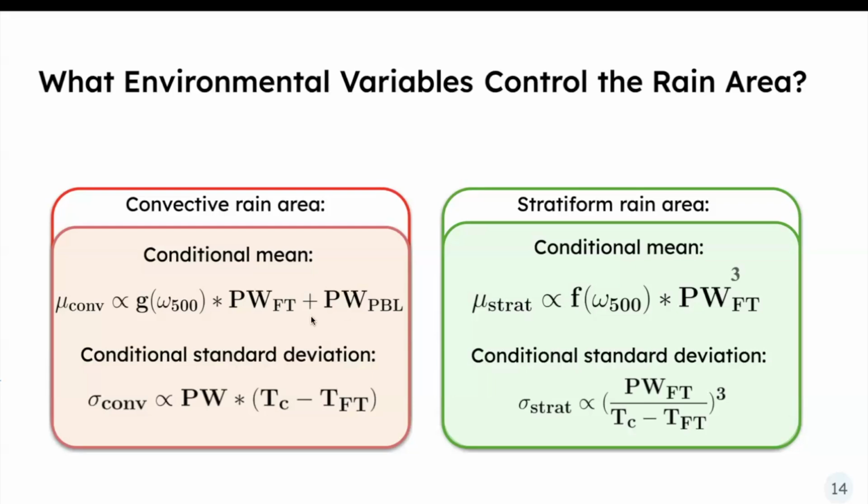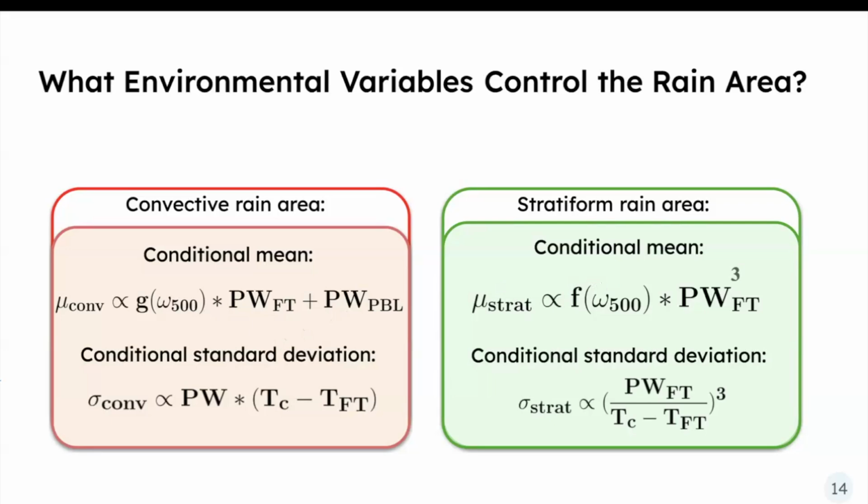The variables that contribute largely to convective are velocity weighted free tropospheric moisture plus boundary layer moisture. For the stratiform, it's again velocity weighted free tropospheric moisture, but now free tropospheric moisture has a power of 3, which is very large.